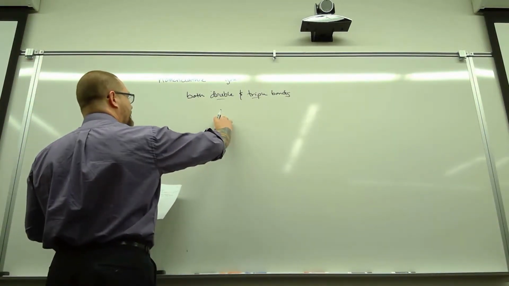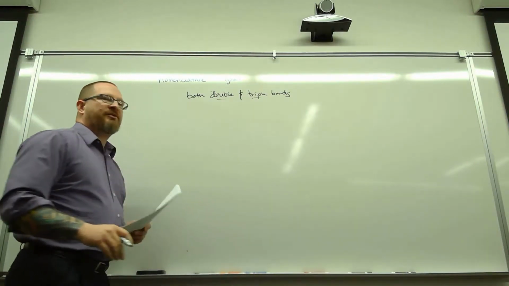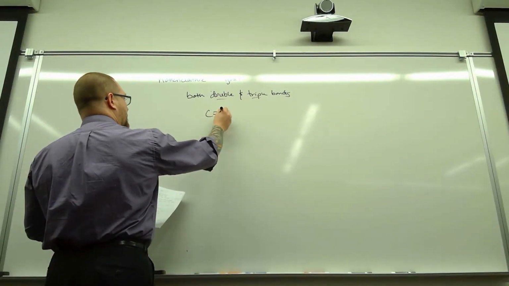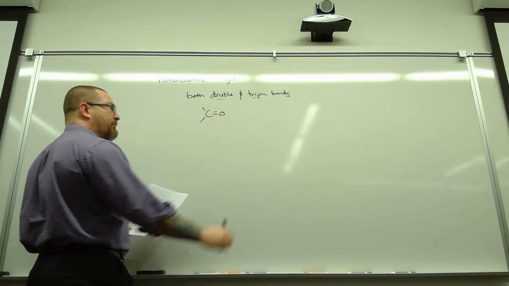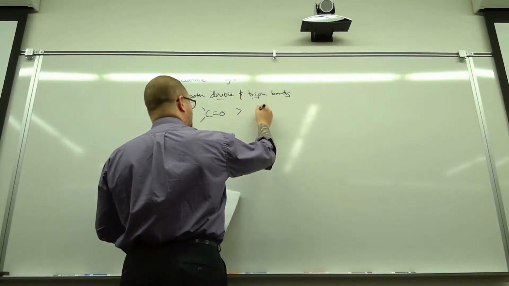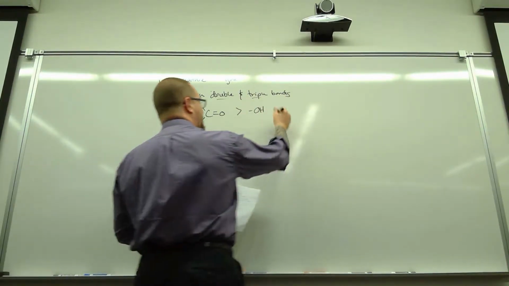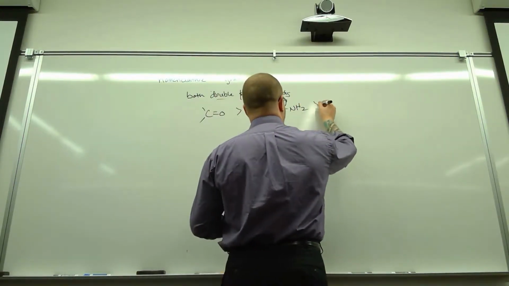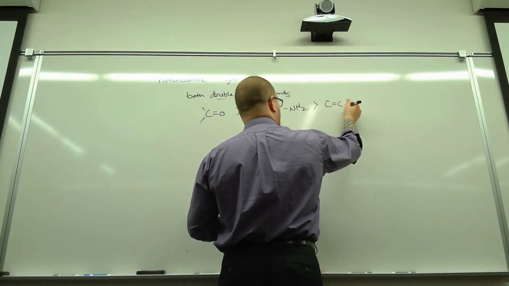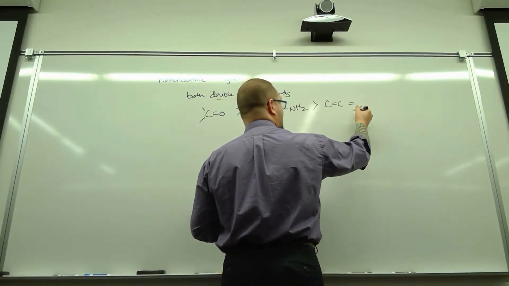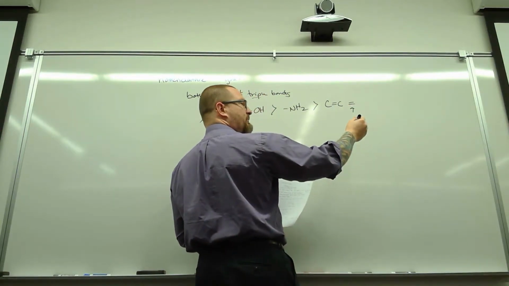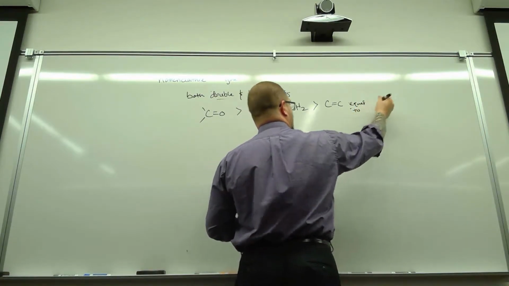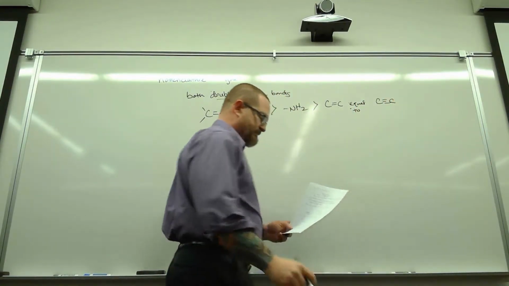If you're prioritizing functional groups for nomenclature, it's based on the degree of oxidation of that functional group. So carbon double bonded to oxygen is going to have our highest priority. It's going to be right up there with alcohols, which are going to be a little bit more than our amino groups, which are going to have higher priority than our double bonds, which are equal to the triple bond.